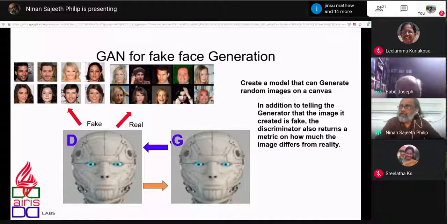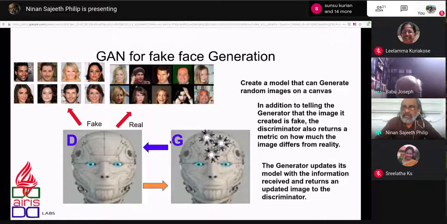This information is used by the generator internally to train itself, to update itself, and make some more intelligent, I mean, better images of the celebrities in the database.